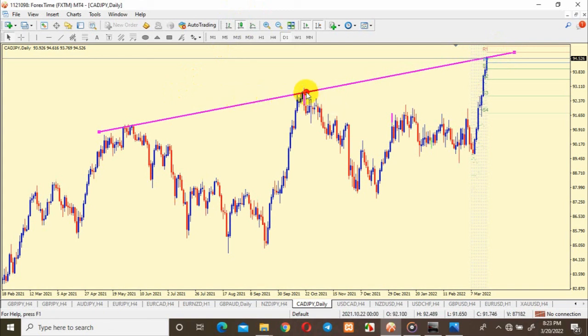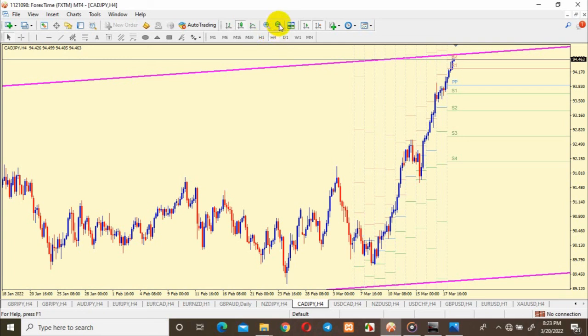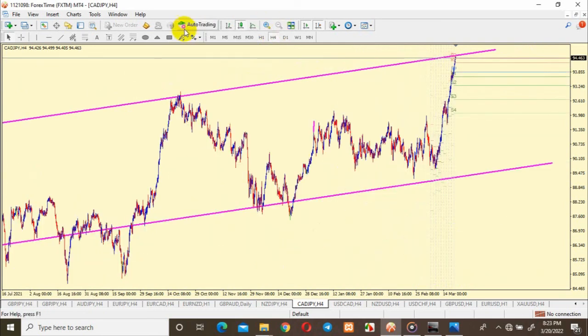Now look at this. If I duplicate this, see that we have that on the daily. So what I'm expecting on this price is for price to come down, target this area first. This CAD JPY to go further down.